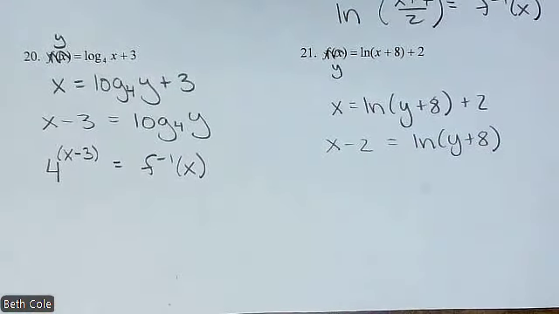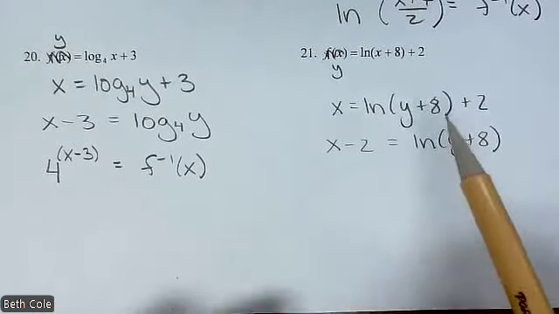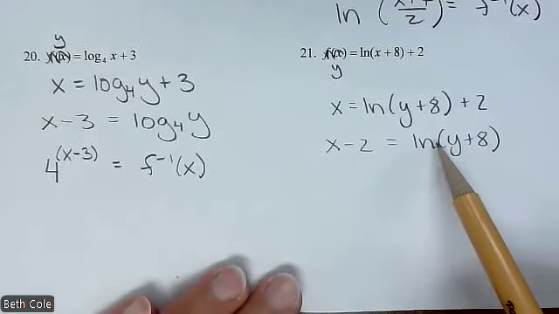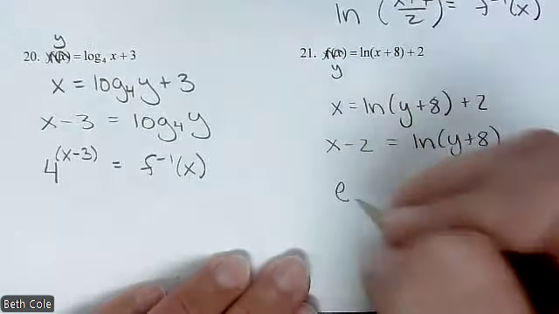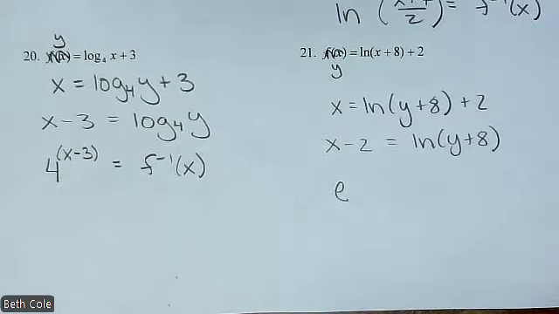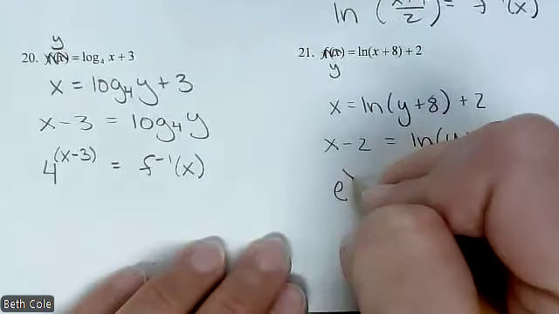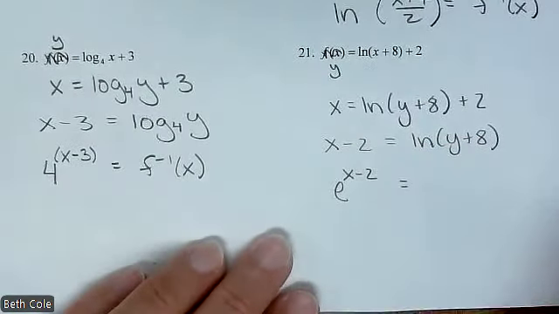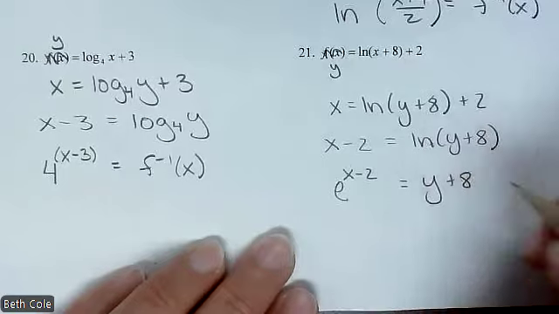A lot of math is also recopying what you had before because you're bringing everything down to the next line with you. All right, I'm stuck. What's the base for ln? e. It's e to the power x minus 2, good, equals y plus 8.